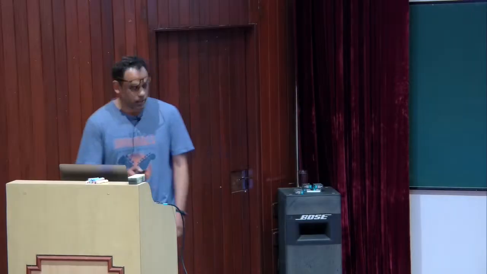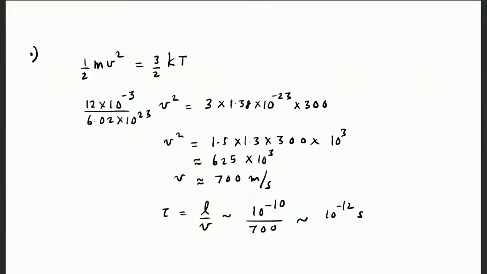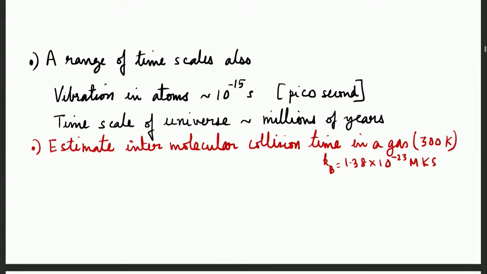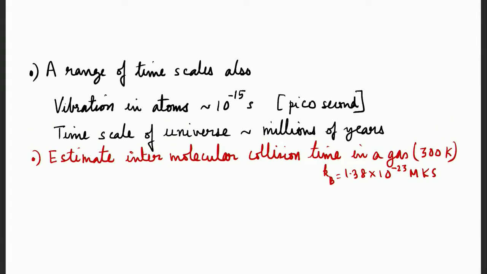So the actual motion is not ballistic, it's something else, but this is the speed. If I ask what's the time between two collisions, it is length by speed. Length is roughly 1 angstrom, divided by the speed, which gives roughly 10 to the minus 12 seconds. This is of course the vibrational scale. That was just to show that this number is not out of nowhere, you can believe that number.